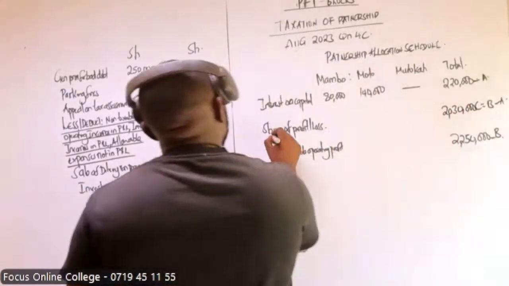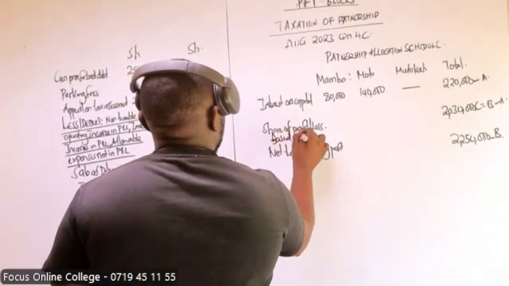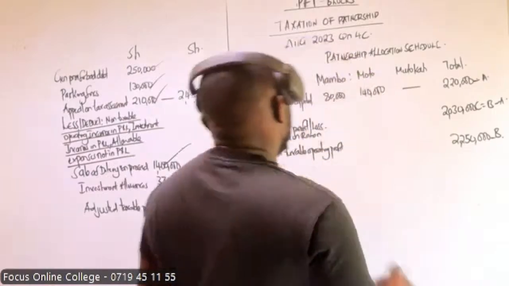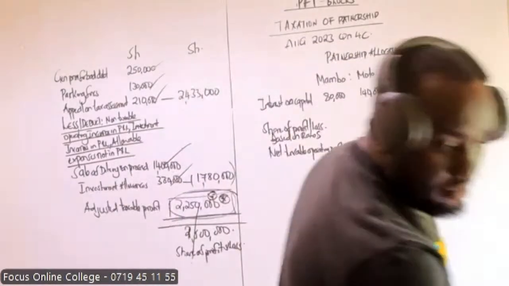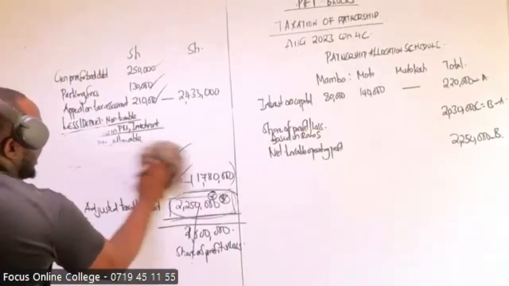So this is shared based on ratios. Do you have the ratios? This is basically shared based on ratios.